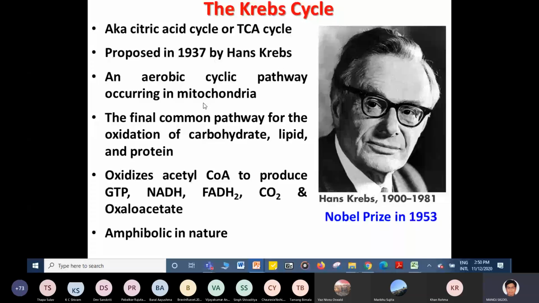Is Krebs cycle aerobic or anaerobic? Aerobic. Is glycolysis aerobic or anaerobic? Anaerobic, sure.